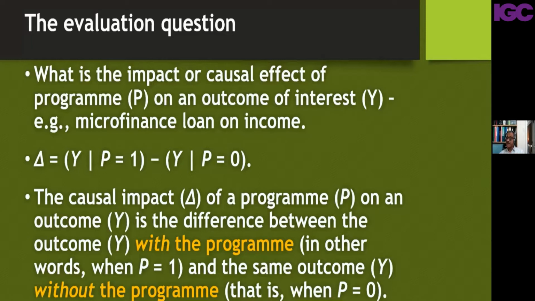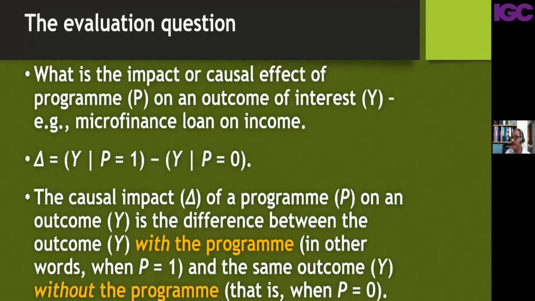You want to compare that with what the beneficiary's income would have been if he or she did not take the loan. So we want to compare the with-program outcome with the without-program outcome, but we want to do this at the same point in time.